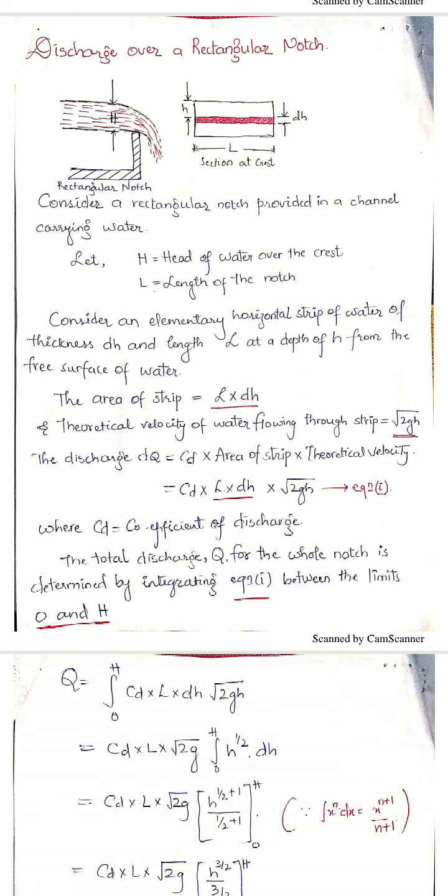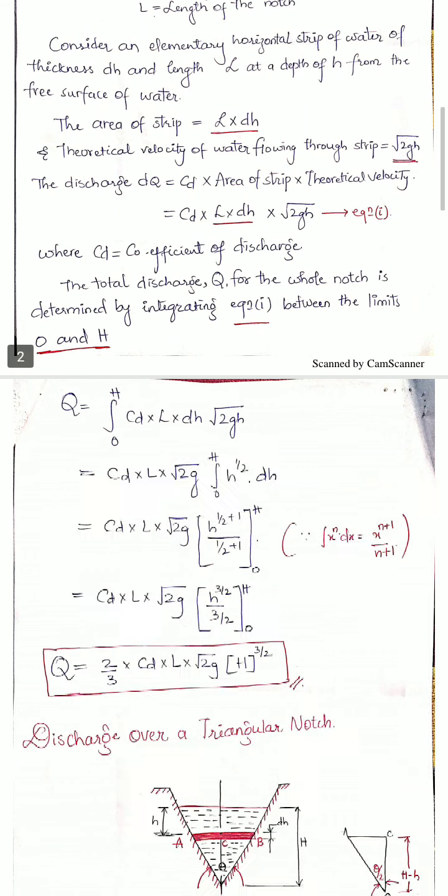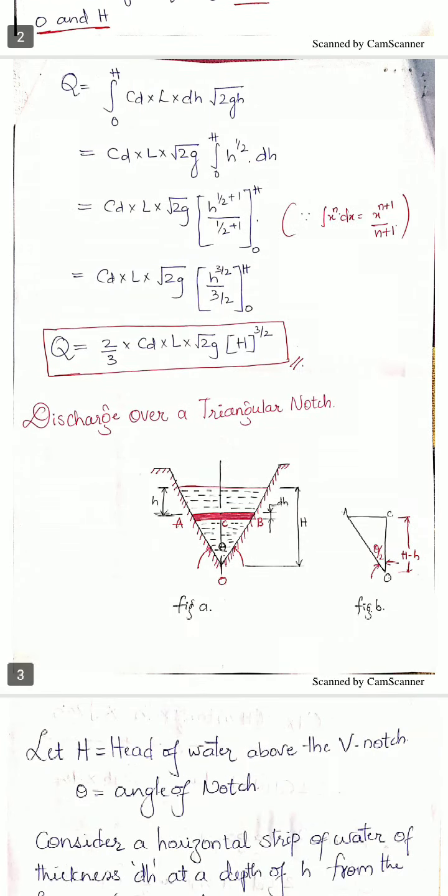Next, the total discharge Q for the whole notch is determined by integrating the equation between the limits 0 to H, that is h equals 0 to h equals some value. Okay, we have to integrate equation number 1. Integration from 0 to H of CD into area, that is L into dh, into velocity, that is square root of 2gh.